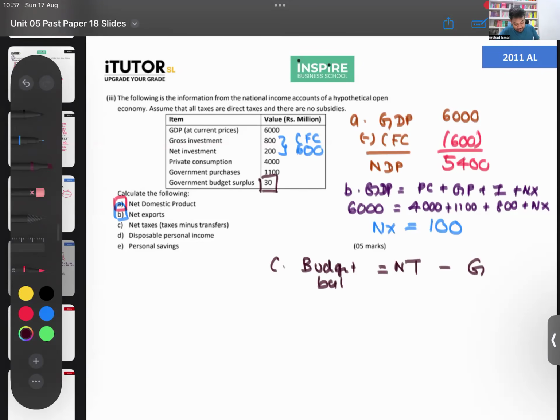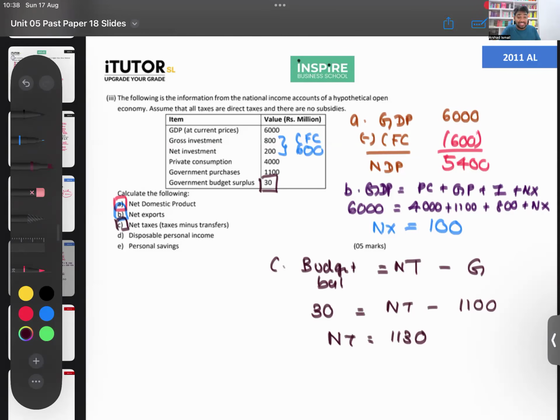That means budget balance is plus 30. Then taxes is what we are trying to find. Government spending, they have told us, is 1,100. Then how much should our taxes be, if you want to have a budget surplus? So move it around. You get how much? Net taxes are 1,130. Okay, that is part C.